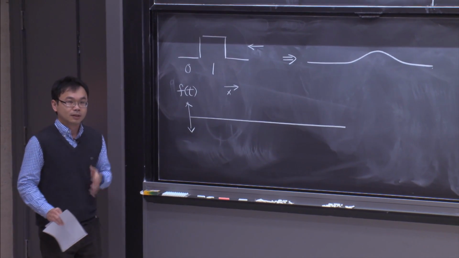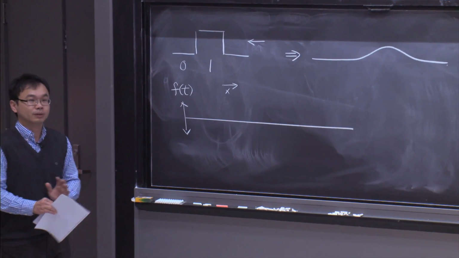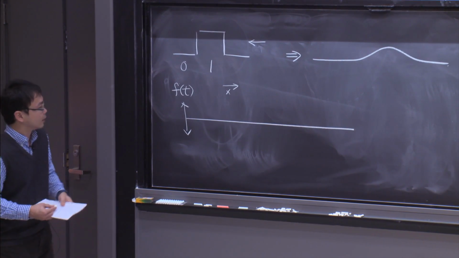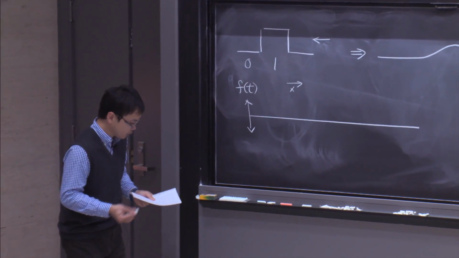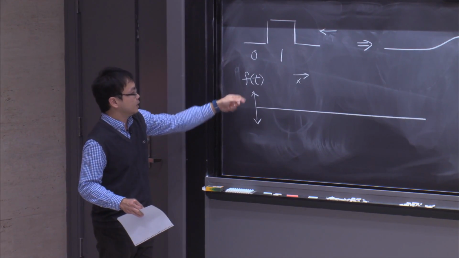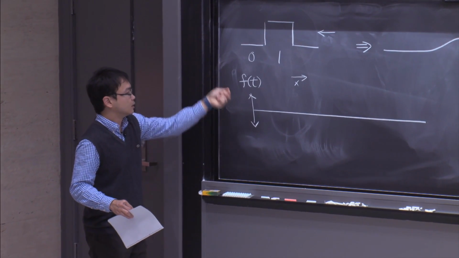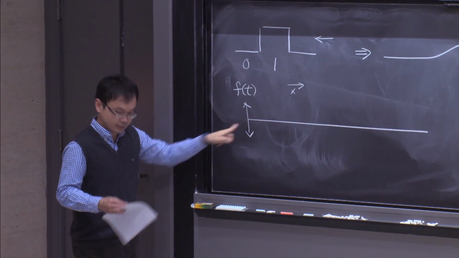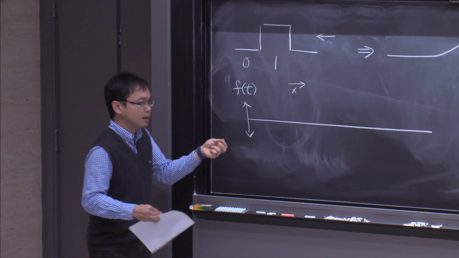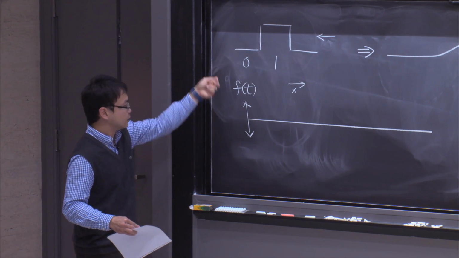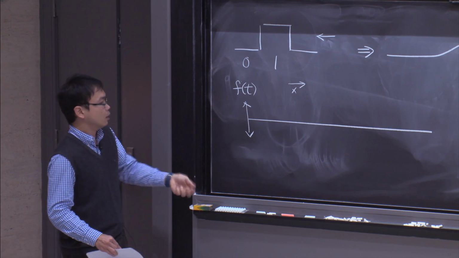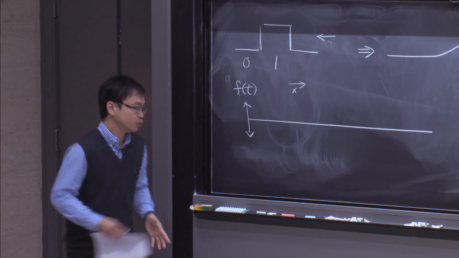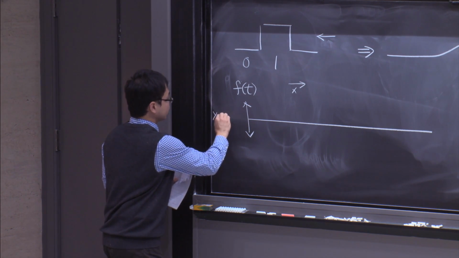That will involve some math which we would borrow from the math department. Before that, I would like to introduce the notation first. As I said, f of t is the displacement as a function of time at x equal to 0. I'm holding this string and moving it up and down, so I move the string away from the equilibrium position, which is y equal to 0.